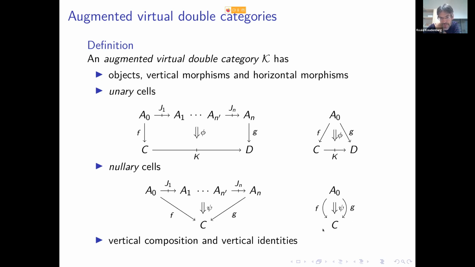I call these vertical cells where both the horizontal source and target are empty, right? So in particular, every augmented virtual double category has a two category of objects, vertical morphisms, and these vertical cells between them. A virtual double category doesn't have such a two category. It only does when it has all horizontal units.